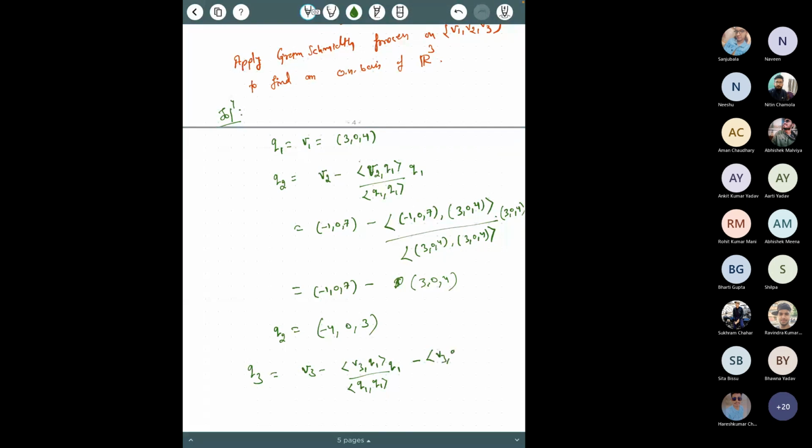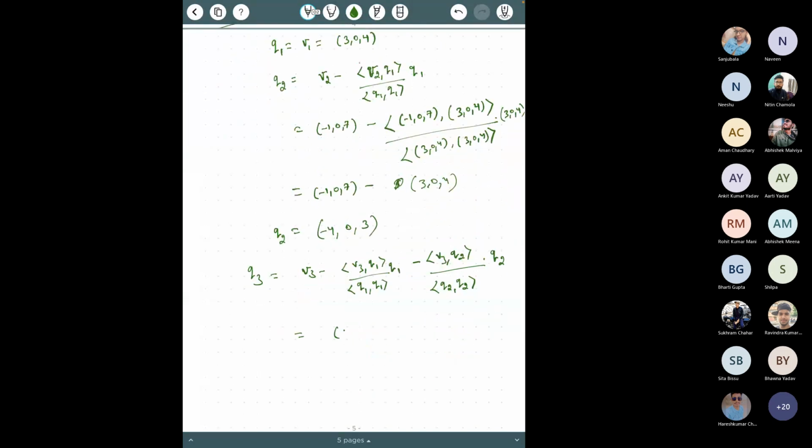So Q1, Q2, Q3, you can check that they are orthogonal, and when you divide each of them by their length, then you can find an orthonormal set. So from here you can say that Q1, Q2, Q3 form an orthogonal basis.